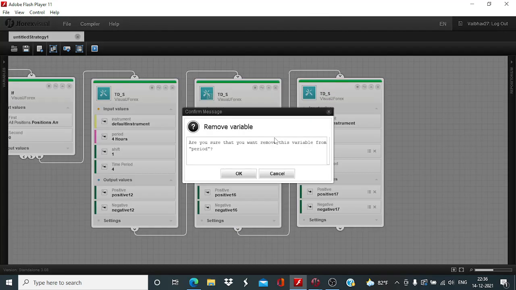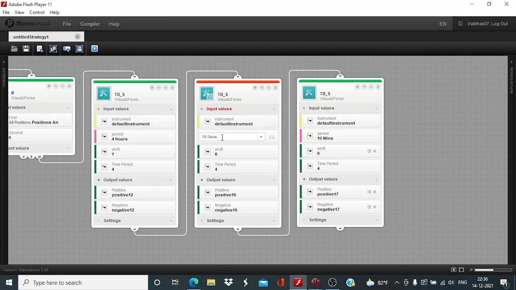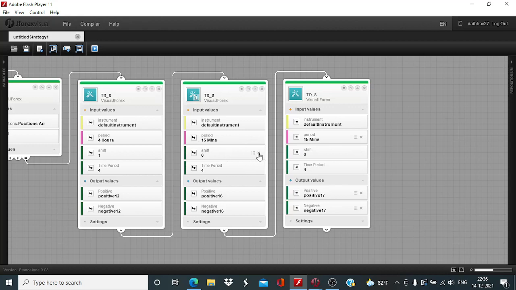This I will change to 15 minutes. And here the shift value, the lookback period, will also need to be changed, which we will define as 1 and 2 respectively.